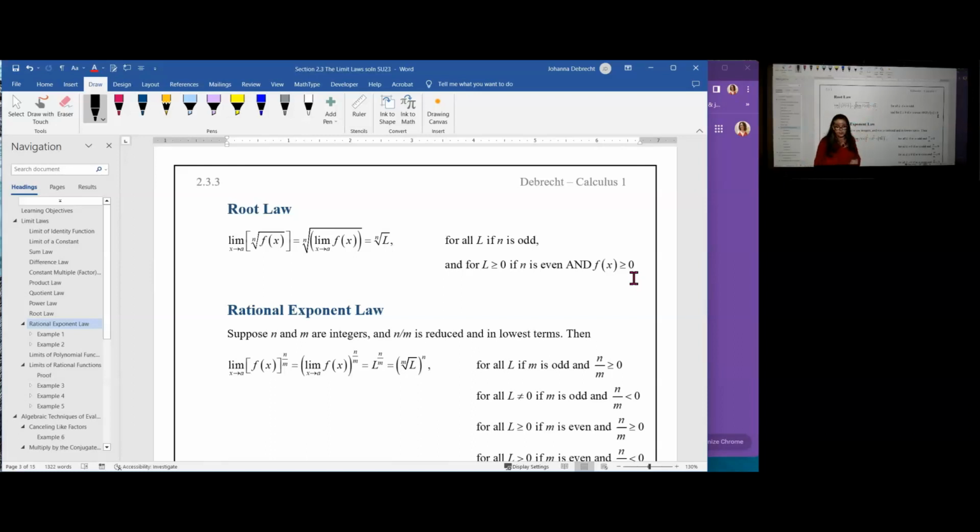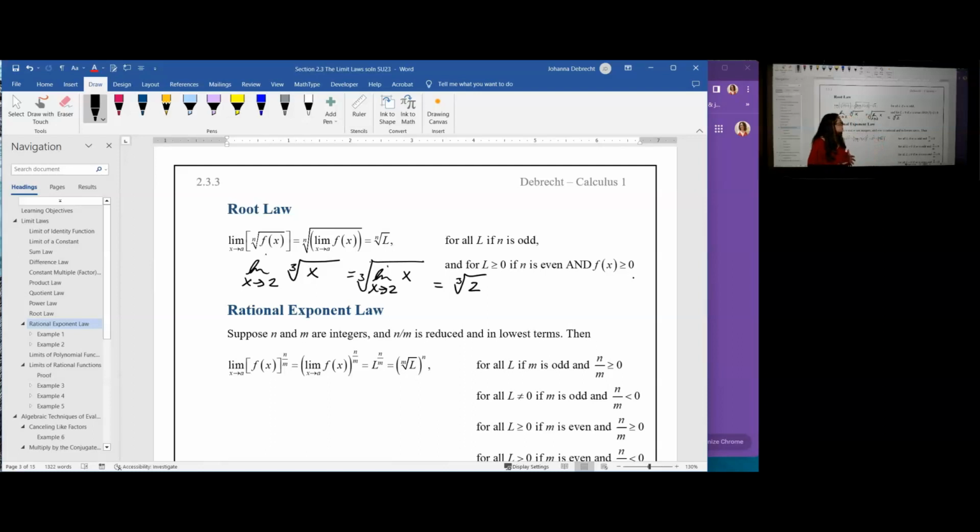So when I'm looking at something like the limit as x approaches 2 of the cube root of x, I can rethink of this as the cube root of the limit as x approaches 2 of x. I know that the inside limit is going to give me 2, and this would give me, as a result, the cube root of 2.